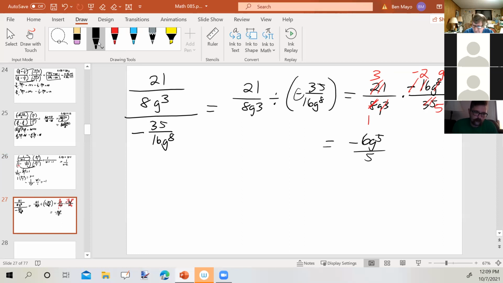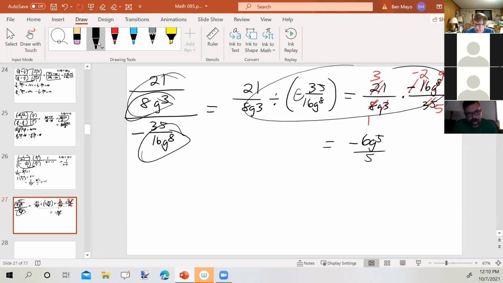Be okay with that? Now, if you wanted, you could come back and find the LCD of those two and multiply the top and the bottom. But when it's a single fraction over a single fraction, it tends to be quicker to use this method. But you can only do it when it's a single fraction over a single fraction. Okay, so be careful with that.